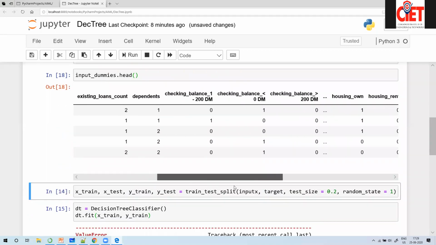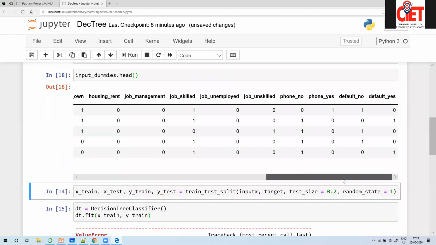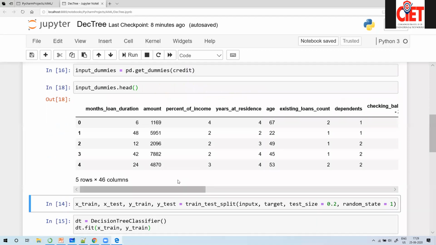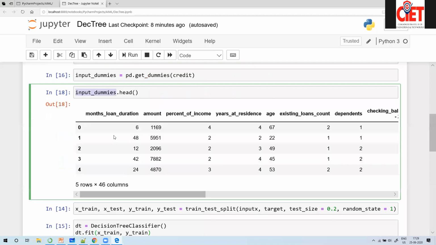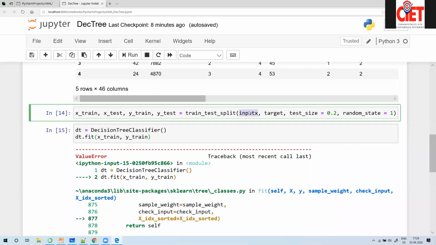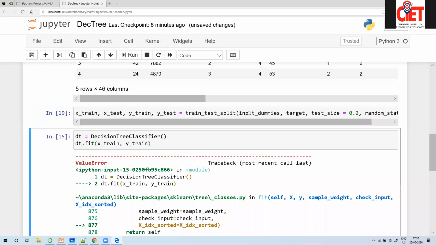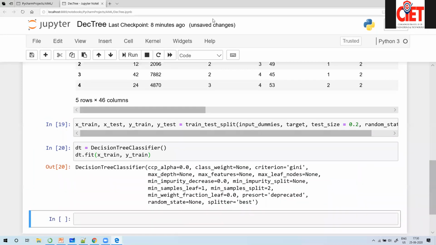We created most of them as dummies. That's a lot of variables there, but that's okay. Right. Now we are going to use this target, everything fine. Okay, it ran.